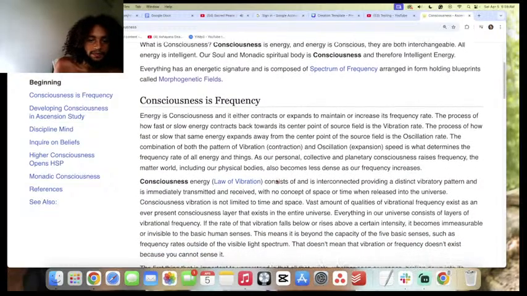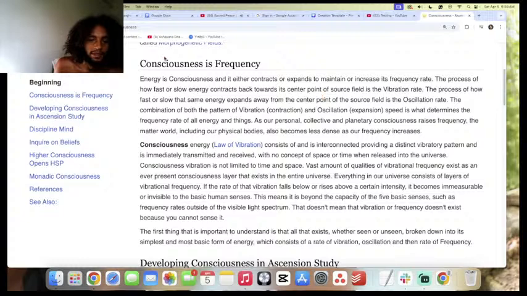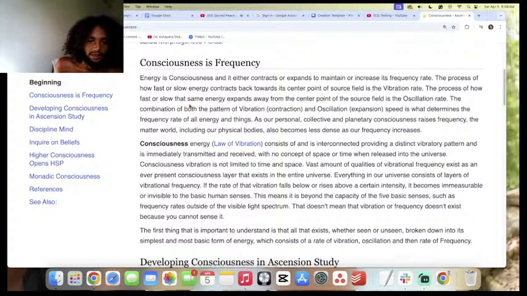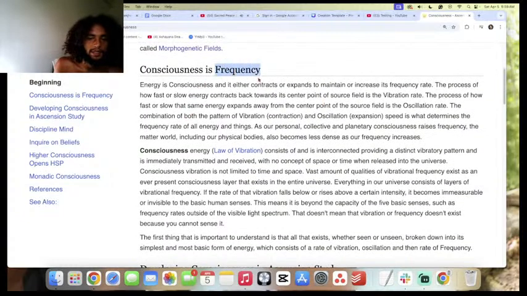So conscious frequency, right? Consciousness is frequency. Like we said before, everything is frequency, right? Energy is consciousness, and it either contracts or expands to maintain or increase its frequency rate. The process of how fast or slow energy contracts back towards its center point of source field is the vibration.